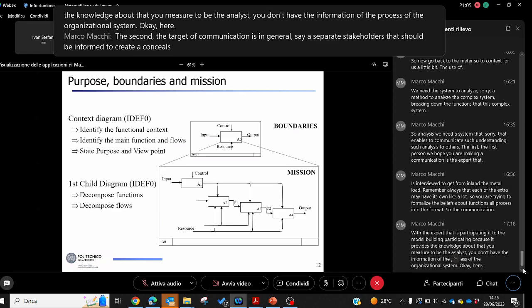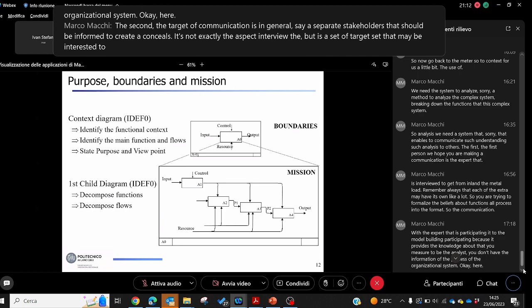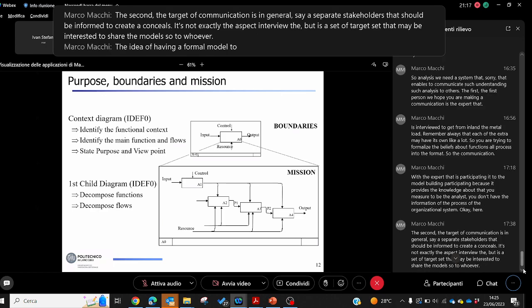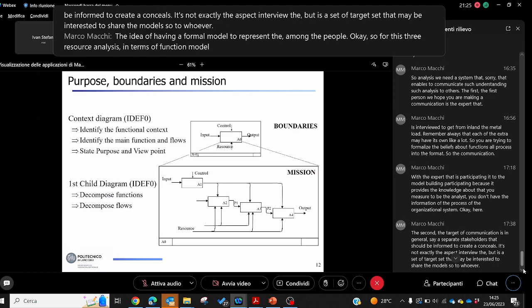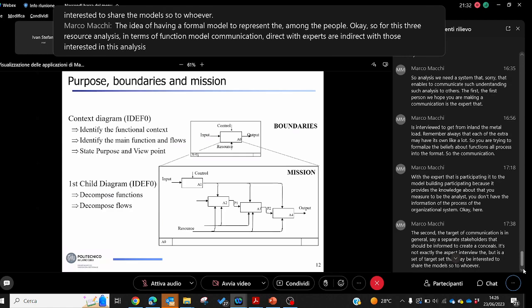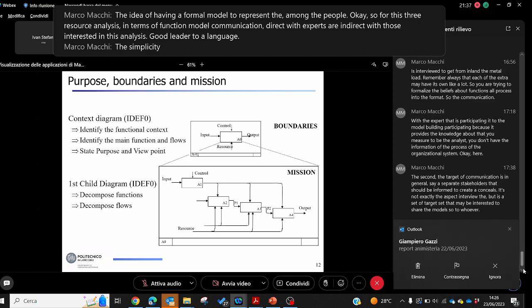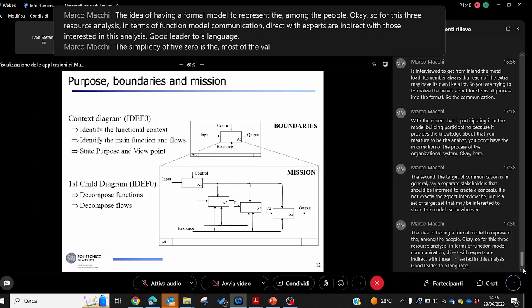It's not exactly the expert you interviewed, but a set of targets that may be interested in sharing the model, to have a formal model representing a consensus among different experts. So for these three reasons, analysis in terms of a functional model, and communication directly with experts or indirectly with those interested in this analysis, would bring to a language that is simple. The simplicity of IDEF0 is most of the value you can get from it.